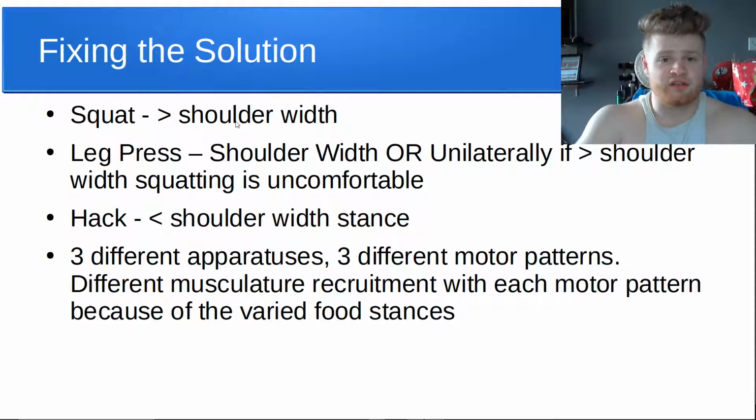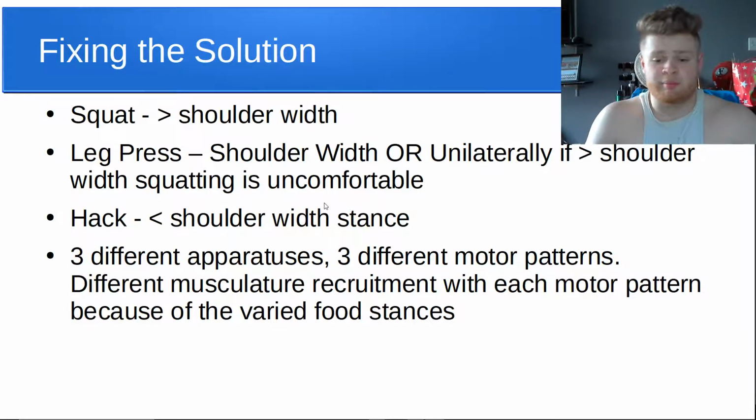Because of the different foot stances on all 3 of these exercises, we're hitting different muscles of the quads, and we're hitting the quads from all angles, so to say. There's going to be different musculature recruitment with each motor pattern because of the varied foot stance.